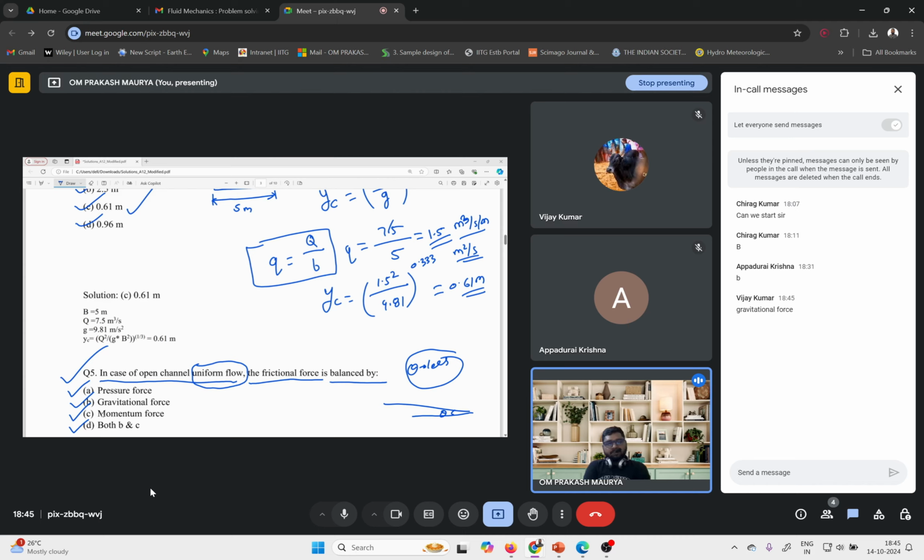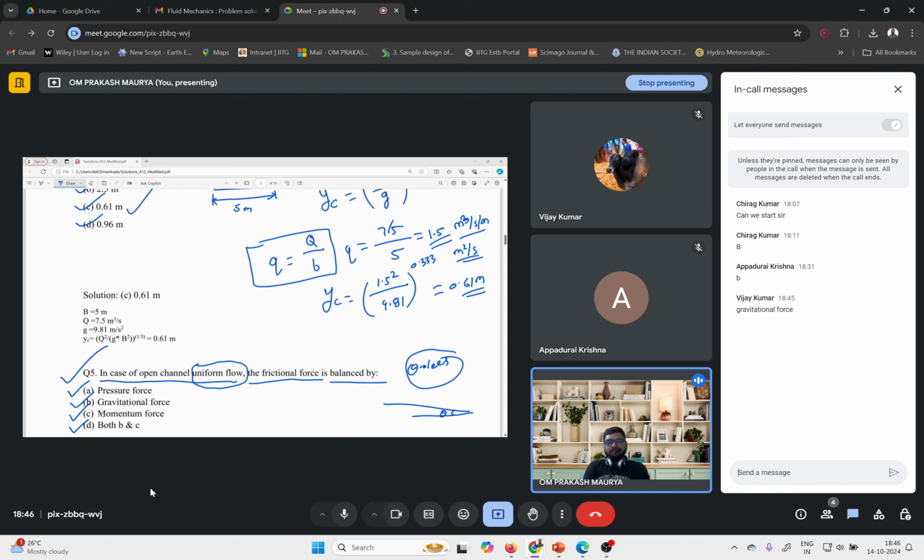Okay, you are telling the gravitational force. Just please try to think why you are not telling the pressure force and momentum force. Why are they not important? Then I will discuss.